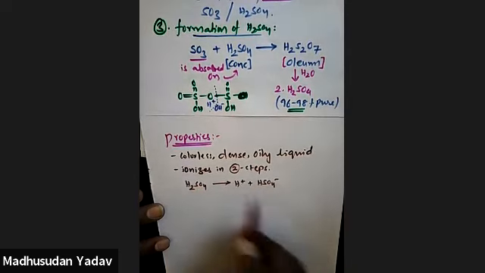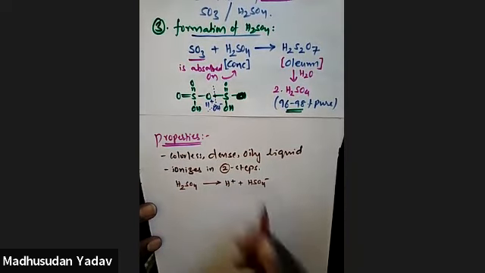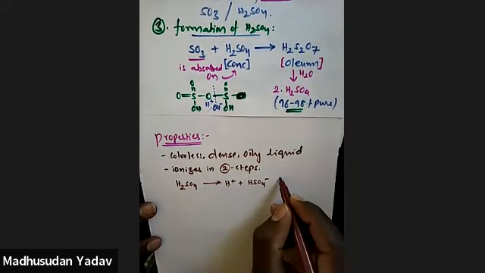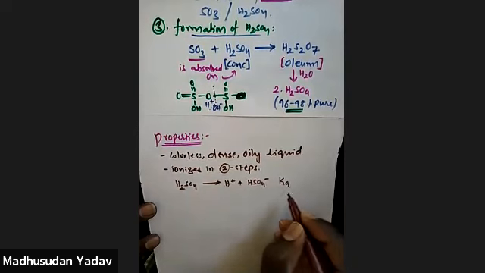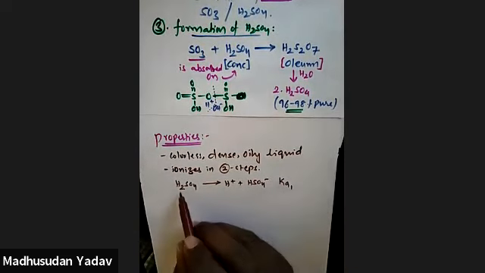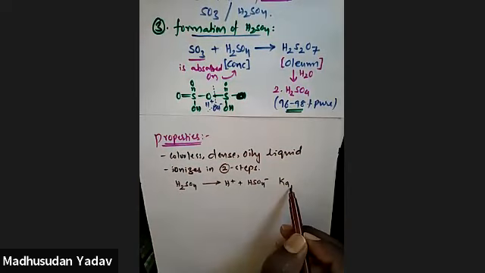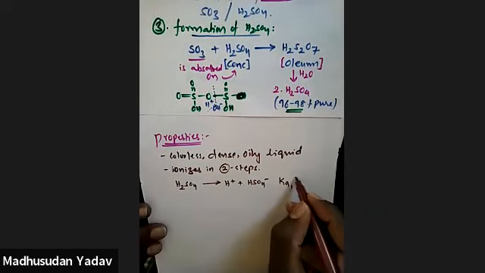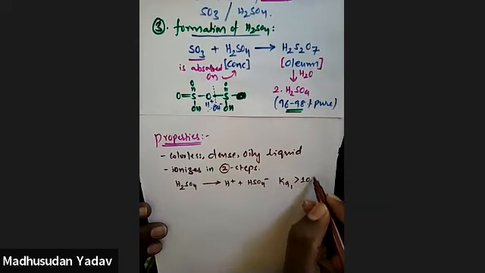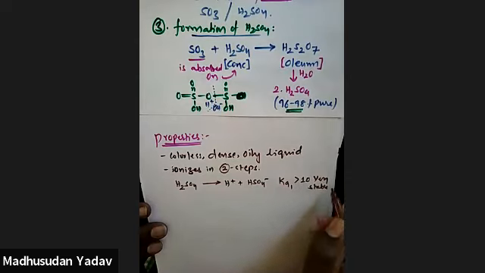It is giving out H plus ions, so it is acidic in nature. Because 2 hydrogens are there in sulfuric acid, the first proton releasing, I call it Ka1. Ka1 is greater than 10, which means it's a very large value.